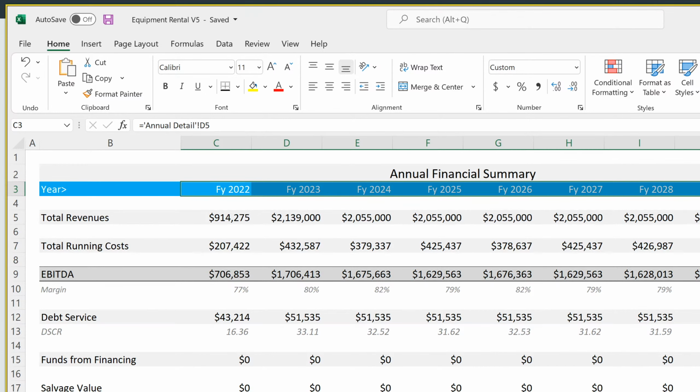Cash flow statement, I don't think we did any checks on that. I know we did in the monthly, either the monthly or the annual, there's a couple checks.